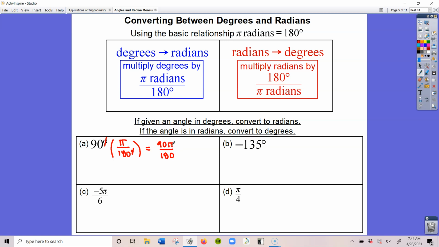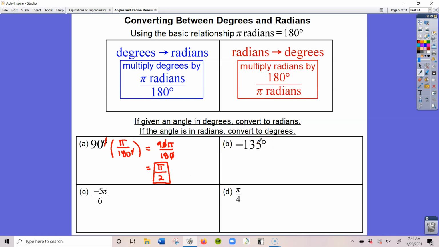Here we're going to keep our angles with the pi and just simplify the fraction. So I can cancel out these zeros, and then 9 over 18 can be simplified by 9, which gives you 9 divided by 9, 1, so 1 pi, over 18 divided by 9, which is 2. So 90 degrees is equivalent to pi over 2 radians.